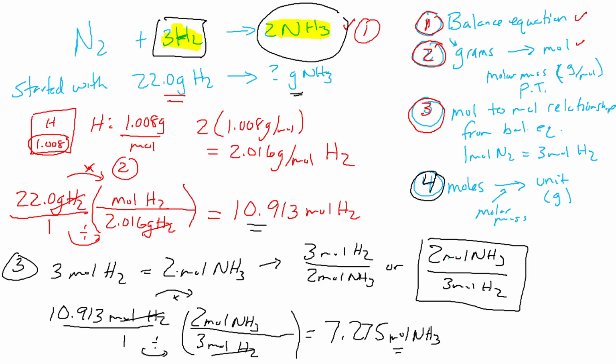That's going to require the molar mass again, but at this point, we are at NH3, which means we need to go back to the periodic table, find nitrogen, which is 14.01. We also have our hydrogen from the periodic table. And to get the molar mass of NH3, we're going to add up all the parts.